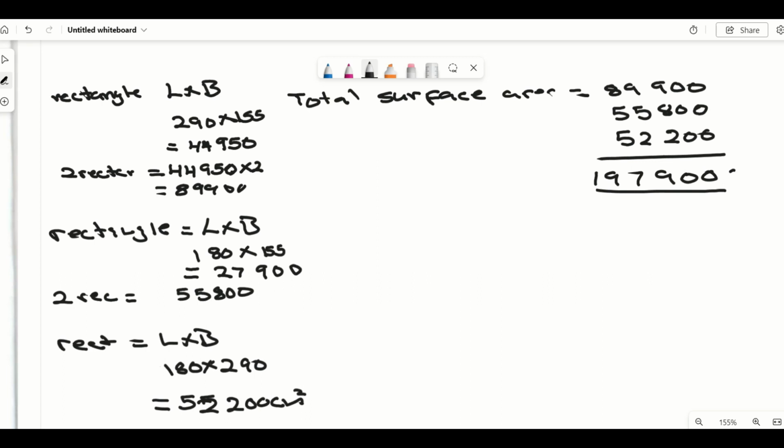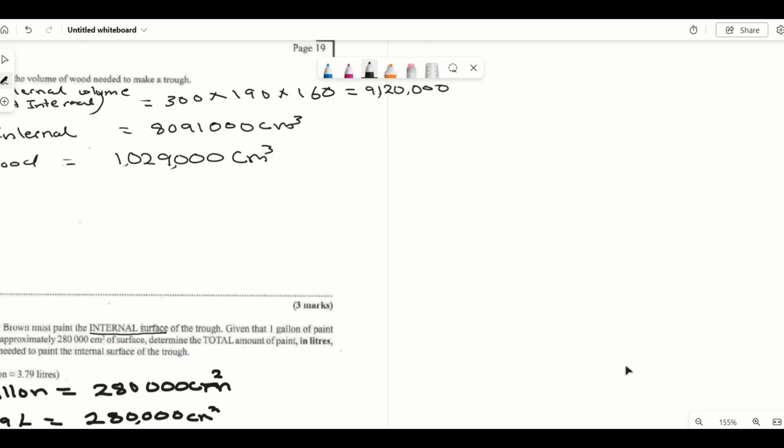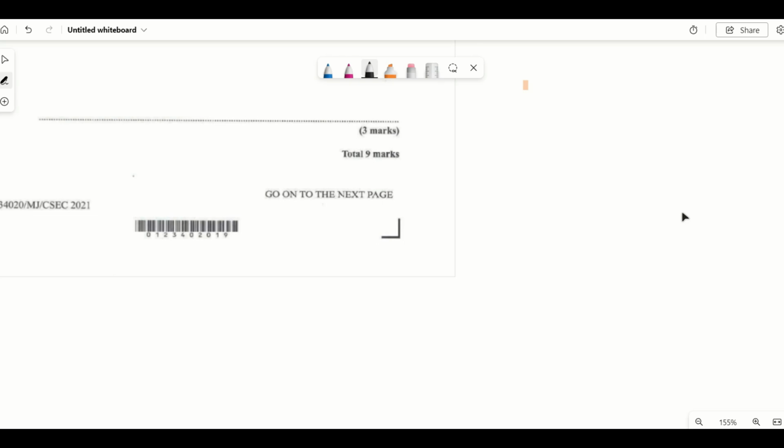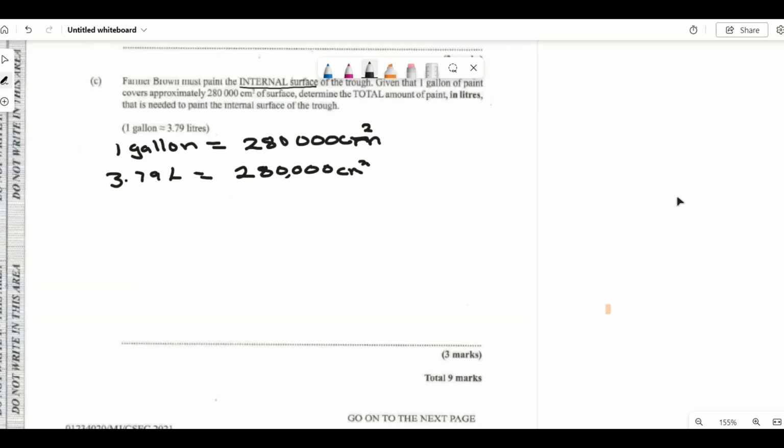Right? Now, if we look at the question below, let's go to the bottom and I'll go back up. They said that 1 gallon of paint, right, 3.79 liters, covers 280,000 centimeters cube. We want to know how many liters.